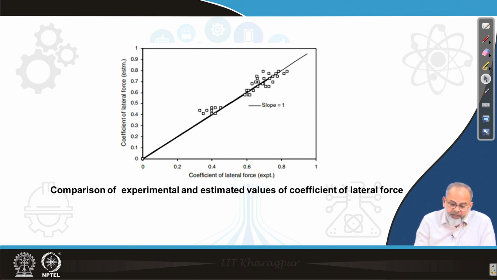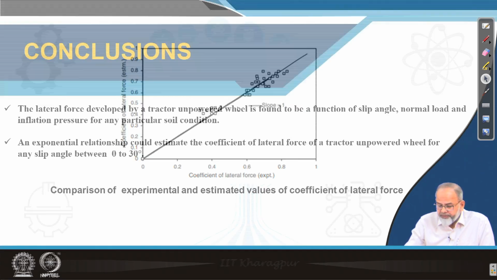To verify this model, we conducted some more experiments, and what we observed is a very good result. That means R square is nearly 1, and then we can confirm that the exponential relationship which we developed between the coefficient of lateral force and the slip angle can be utilized for estimating the lateral force developed by a tractor tire.